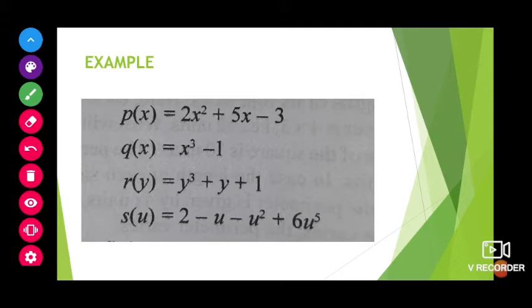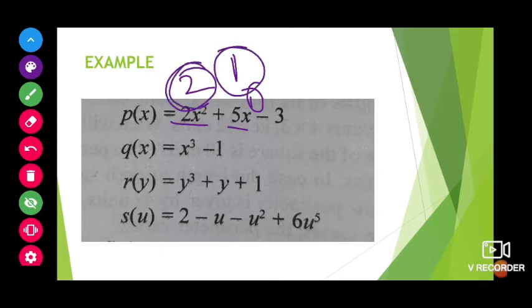For example, take 2x square plus 5x minus 3. What is the highest degree of x? To find that, first I check the degree of x in each term. Here it is 2. Here nothing is written, so we take 1, the degree is 1. Which is the highest degree? 2 is the highest degree. So this 2 is the degree of this entire polynomial.